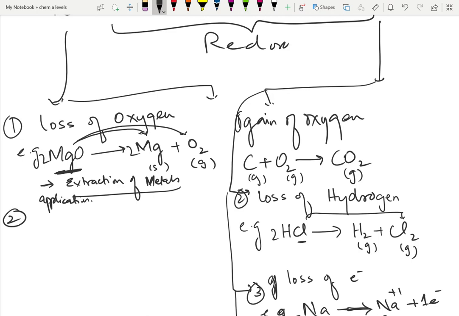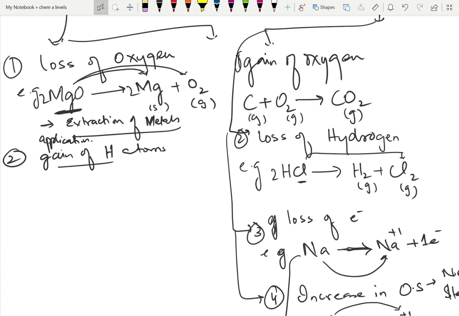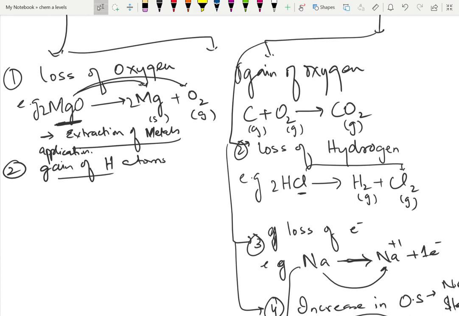Okay. On the other hand, the second definition is that gain of hydrogen takes place in reduction. It means if hydrogen atoms are gained in a reaction, this is reduction.